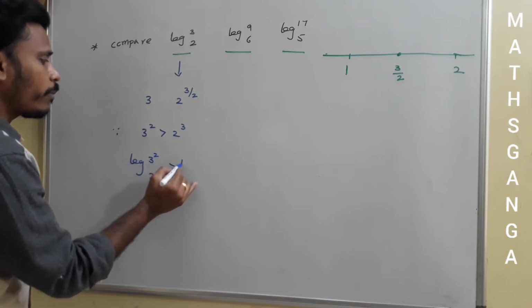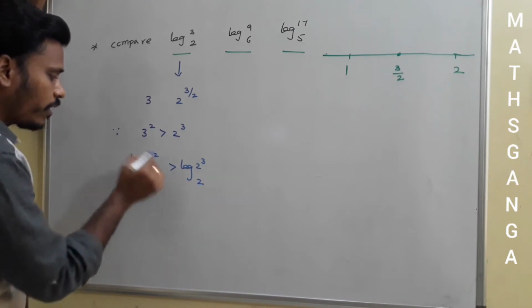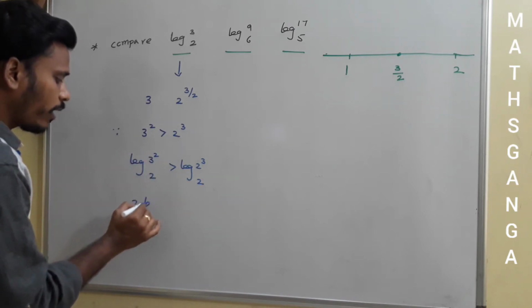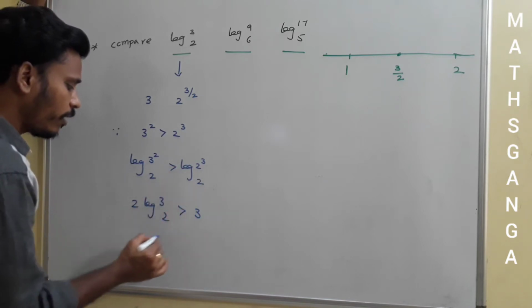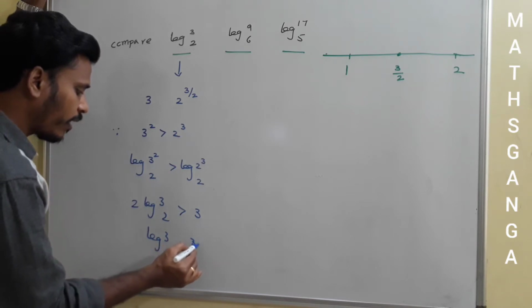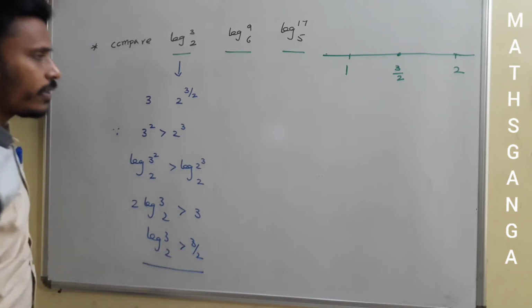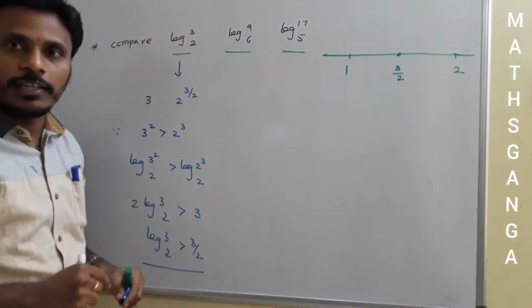Logarithm of 3 square base 2 is greater than logarithm of 2 cube base 2. So 2 log 3 base 2 is greater than 3, and log 3 base 2 is greater than 3 by 2. So after 1.5, I have the value of log 3 base 2.